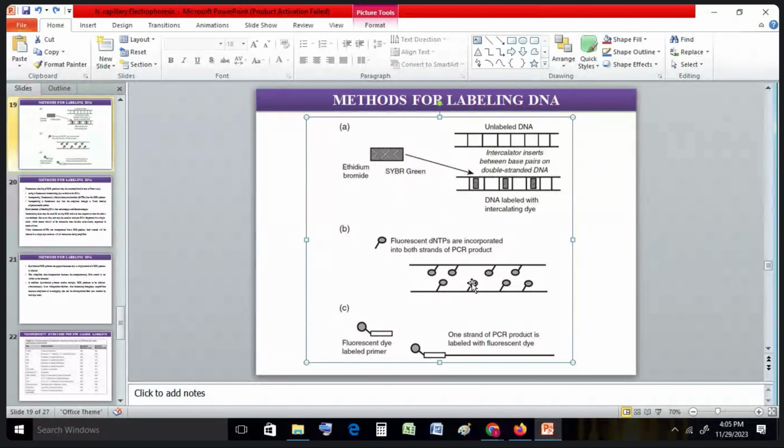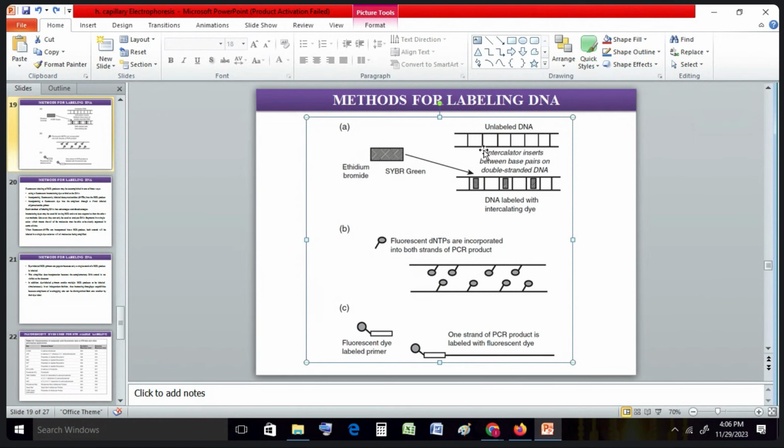The intensity or labeling strength of this type of protocol is very strong, and it will label both strands. It will only label the newly synthesized product. That's why only the amplified product will be labeled.